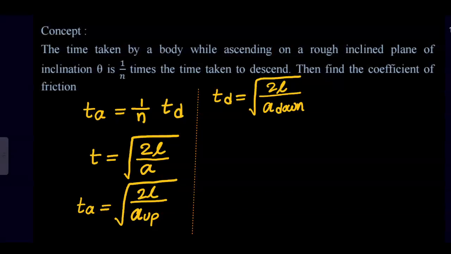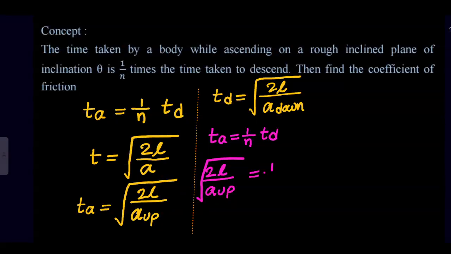Now they have given the relation TA equals 1 by n times TD. Putting the things in, square root of 2L by A up is equal to 1 by n times square root of 2L by A down.